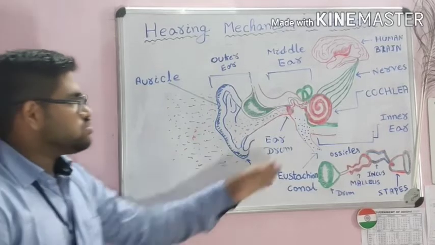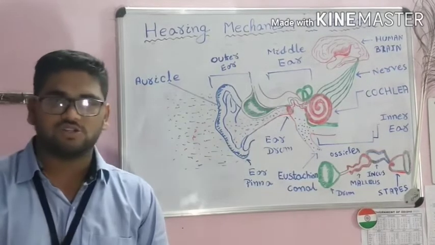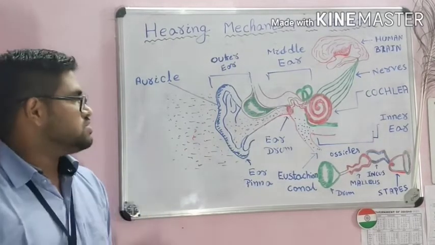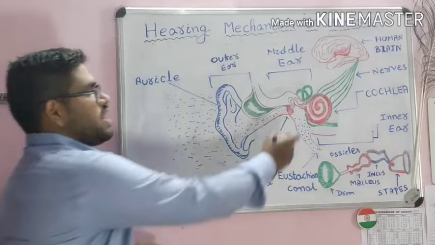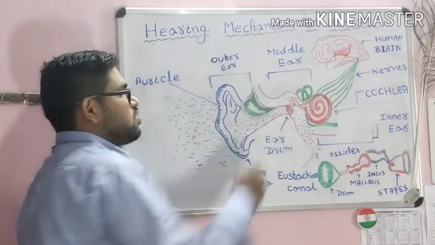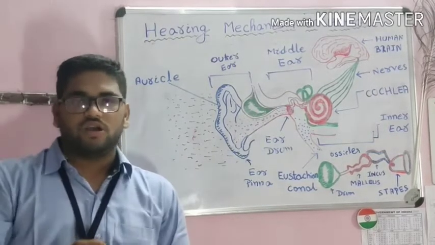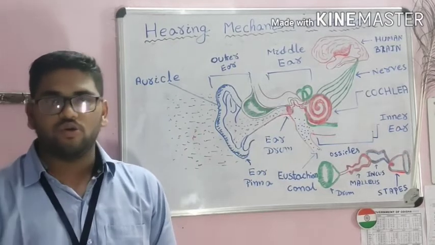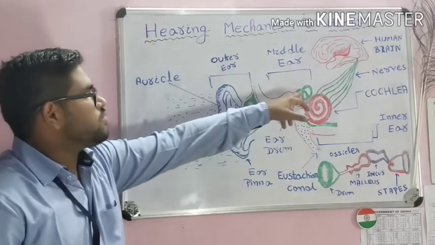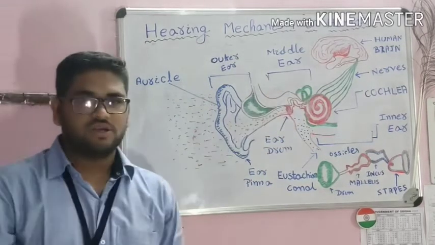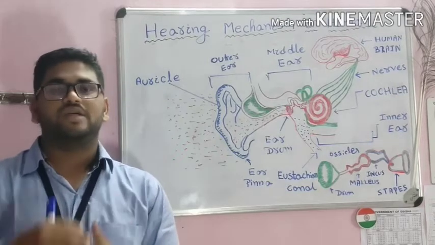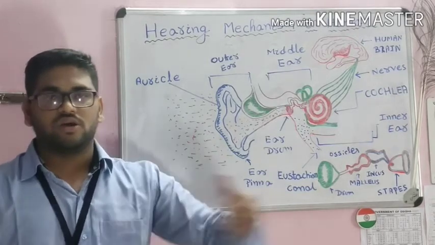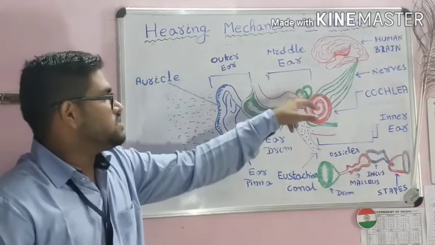They are attached with the drum and their function is amplifying sounds. Then after they attach to the inner ear, that is the cochlea. Cochlea contains a liquid substance that is called endolymph. Above the cochlea you can see some semicircles. They do the work of balancing us. When we are running or playing football, it will balance us.